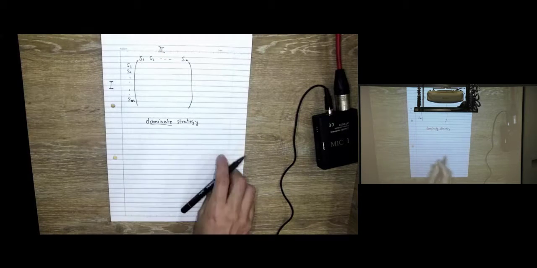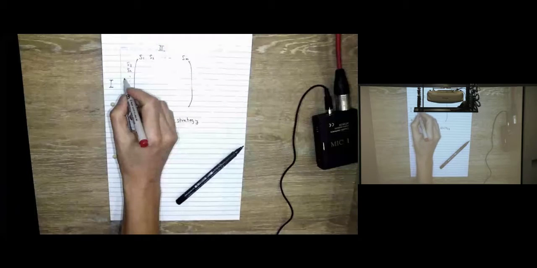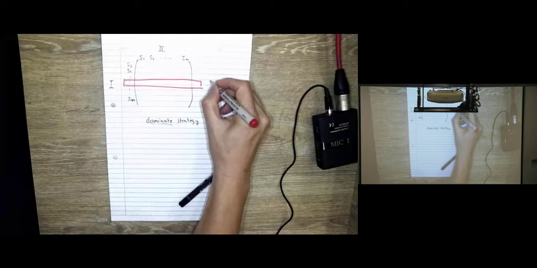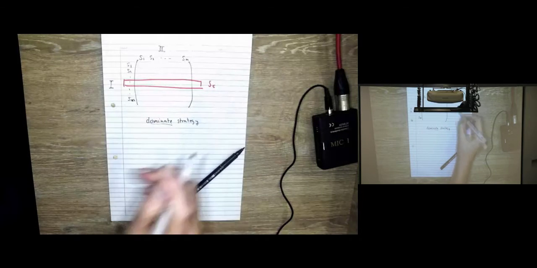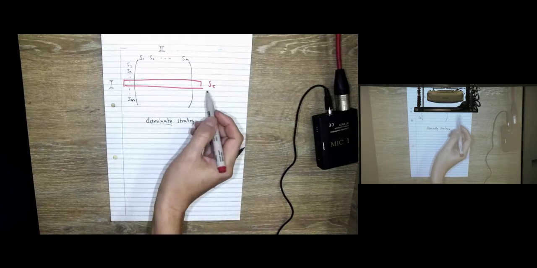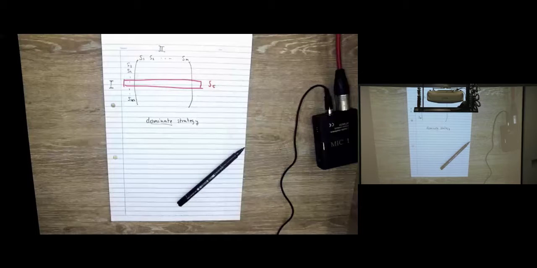So, for example, suppose this is S5. What is the meaning of S5 being a dominant strategy for player 1?